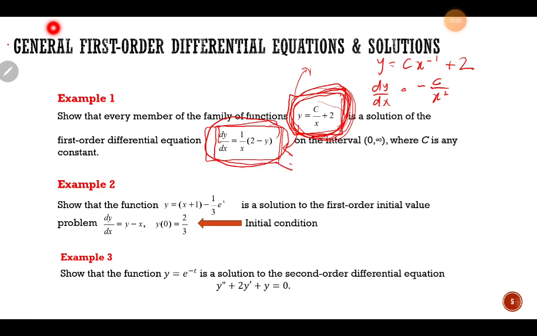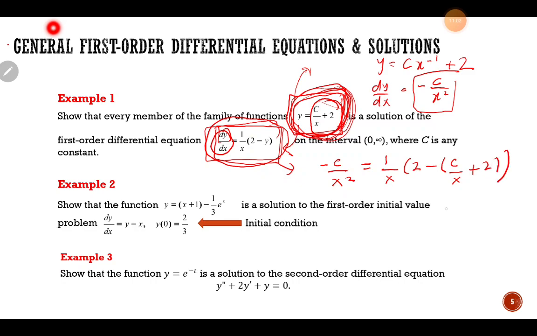So, what we do, kita tahu dy dx kita adalah negative c over x square. So, we ganti with negative c over x square. And then, equals to 1 over x, 2 minus, what is our y? This is our y kan? Our y is c over x plus 2. So, kita ganti dengan y kat situ dengan c over x plus 2.